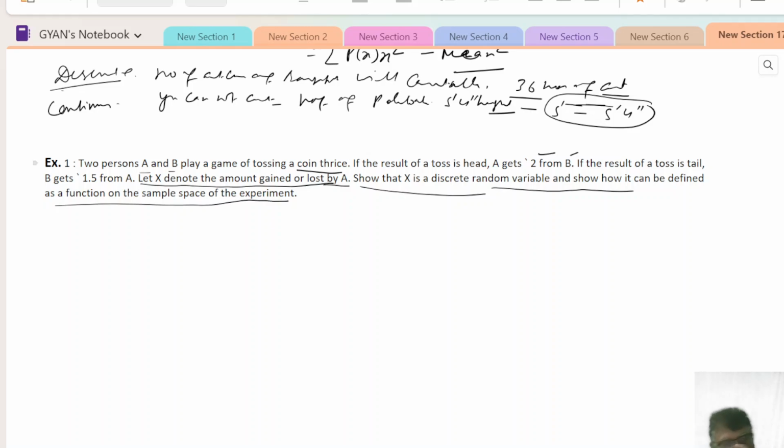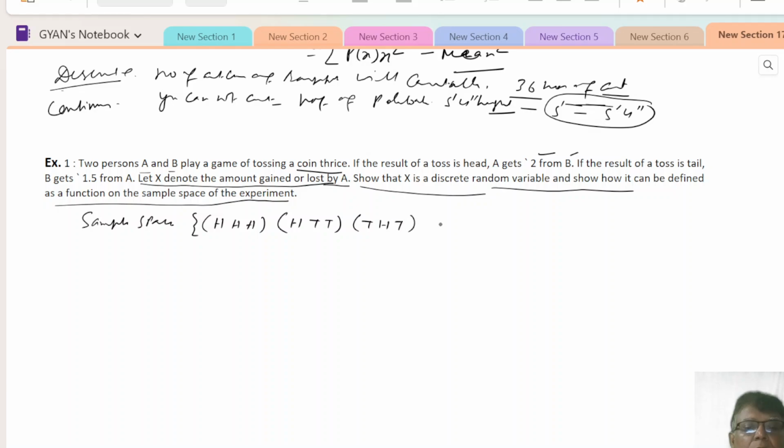That means you have to provide a table. So what is the sample space? Suppose all heads. Then one head, two tails, or one head, two tails.